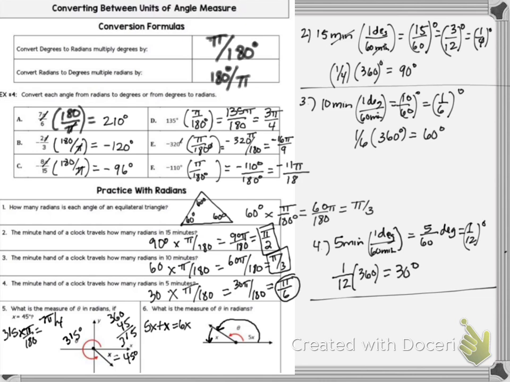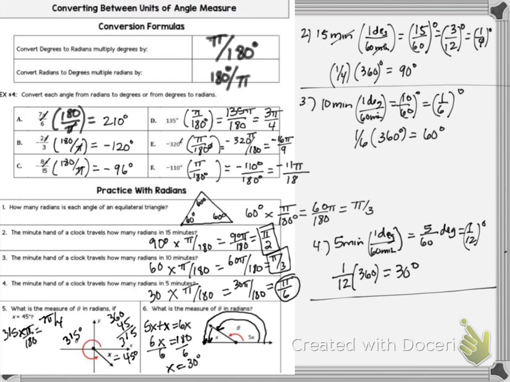And remember, from the initial side all the way over to the negative x-axis, that's going to be 180 degrees. So I would take 6x and set it equal to 180 degrees and divide by 6 so I can solve for x. And that's going to give me 30 degrees.